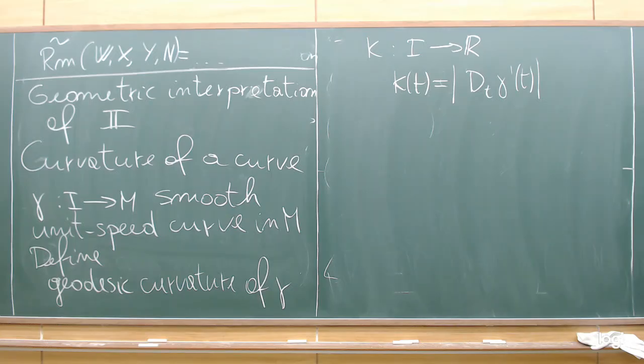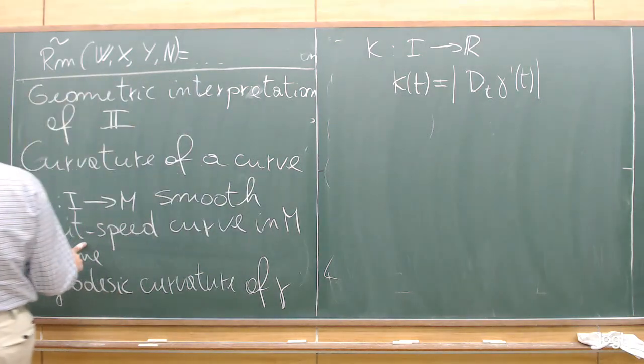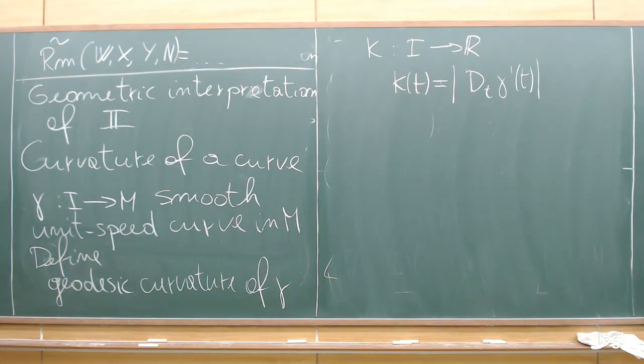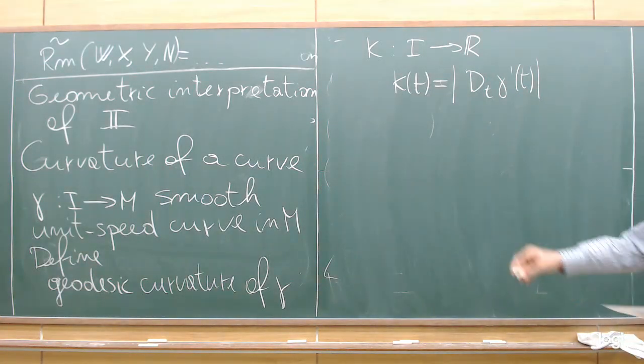If the curve gamma is not a unit speed curve, then we have to find a unit speed reparametrization, and then we have to define the curvature.